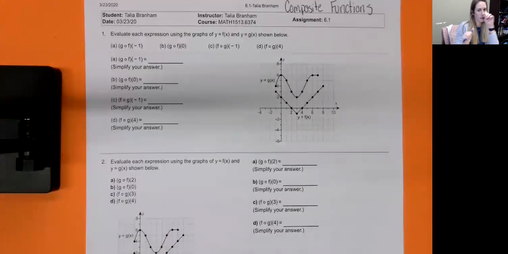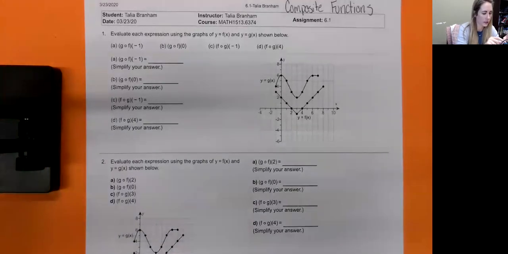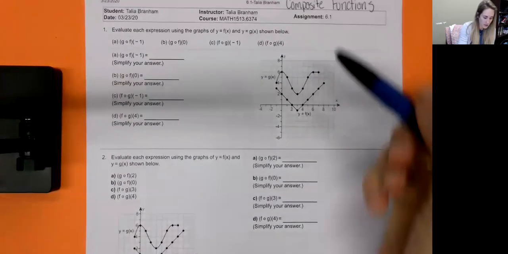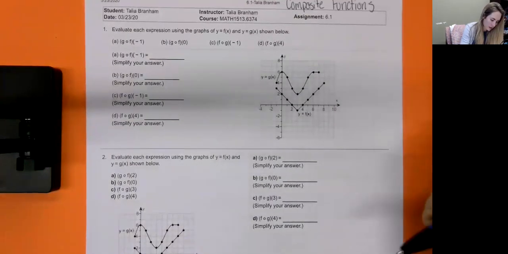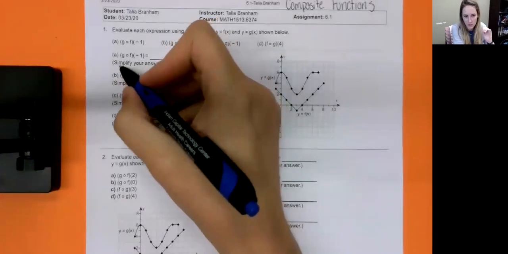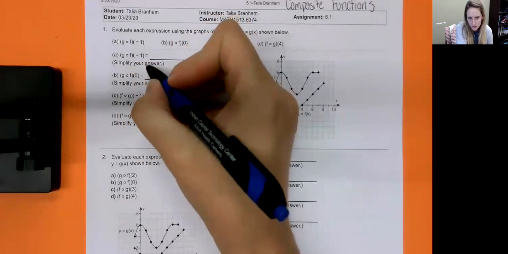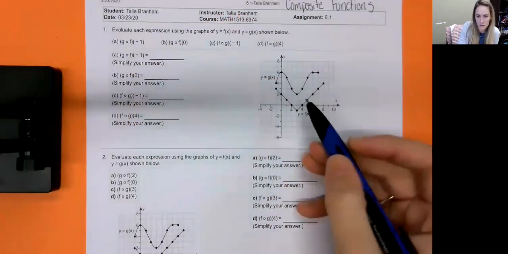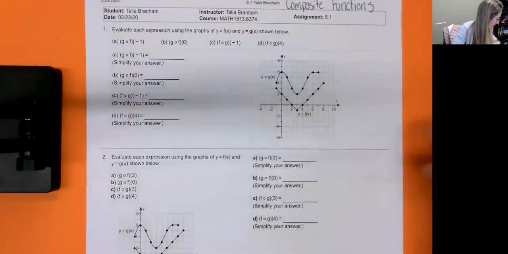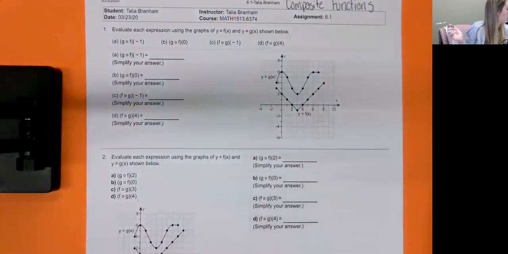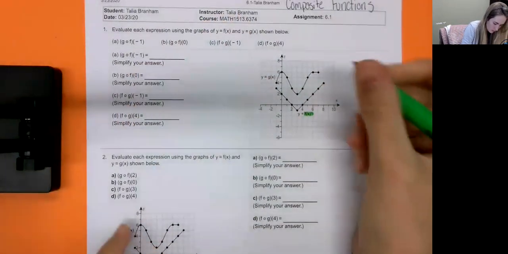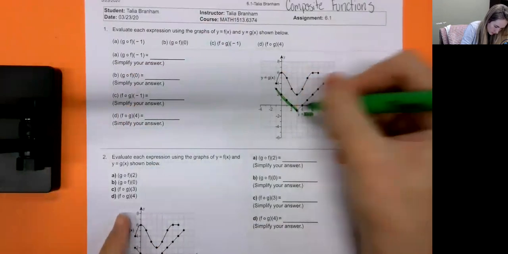Okay, so when we're looking at these, when it says g of f of -1, since we have the graph on these first ones, and f is the inner function, we're doing g of the function f of -1. So we go to where the function f is, and this one is function f.